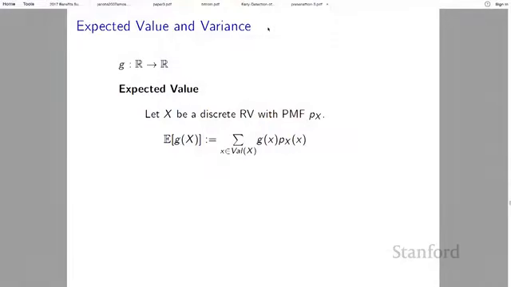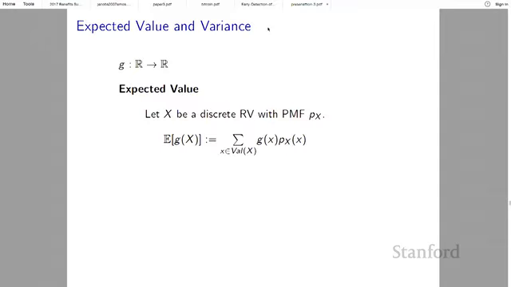So in this case, we write out the definition. It's the expected value of a function of x. So g can be any well-defined function. The expected value of that g of x is exactly equal to the sum of g of x times the probability mass function, in the discrete case, over all the state space. So what does that mean?